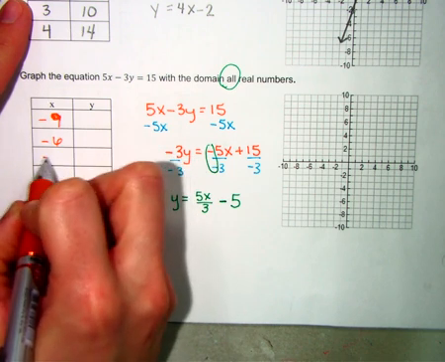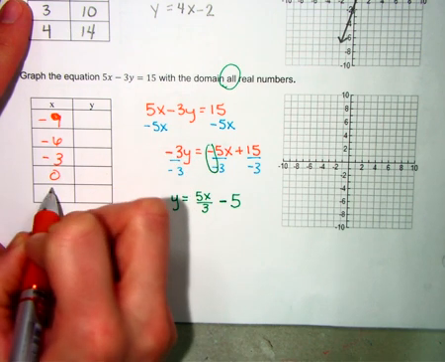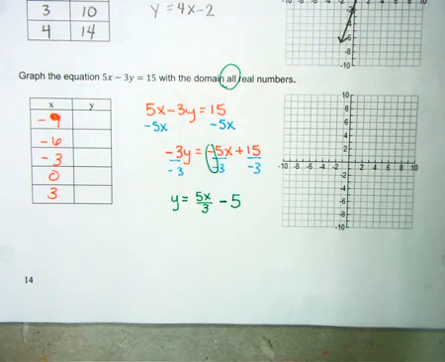Okay, negative 9, negative 6, negative 3, 0, 3. Ta-da! We can use those. You could use negative 6, negative 3, 0, 3, 6. You could just do one negative if you wanted. Negative 3, 0, 3, 6, and 9. Okay, so now we plug those in.